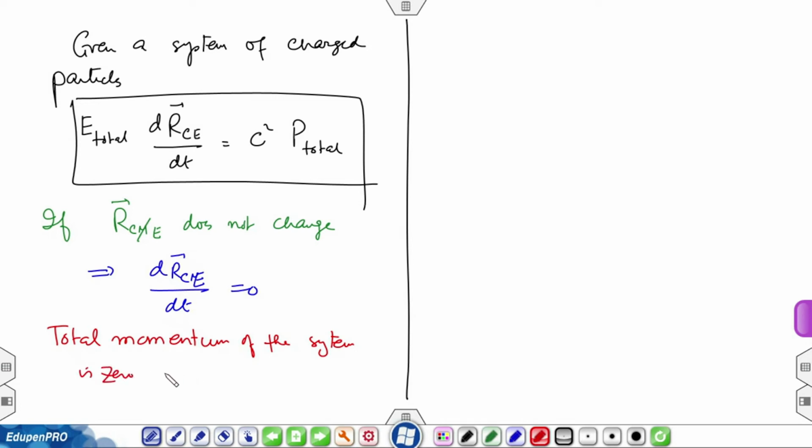And when we say total momentum, this means P_electromagnetic plus P_mechanical equals 0.